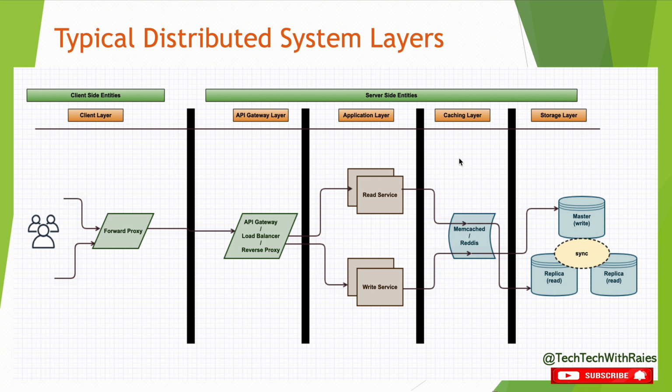Storage layer is completely aside, caching layer is completely decoupled, application layer is also completely decoupled, and API gateway layer is also completely decoupled. So at each and every layer, individual tools, individual services, individual languages can come, and individual competency can be developed for individual layers. There's no need for developers to know everything, right?